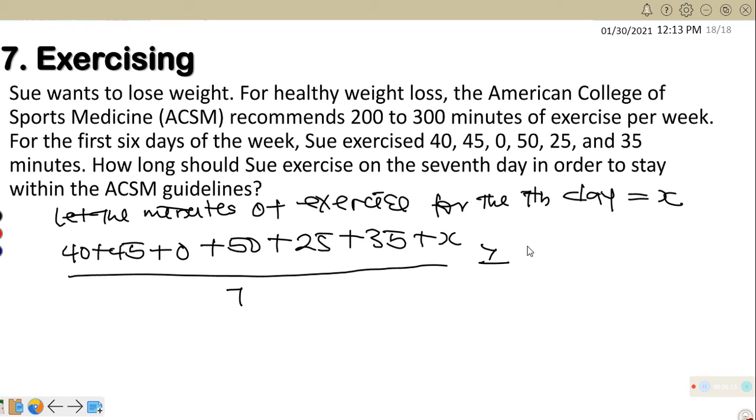So adding everything together, we have (195 + X)/7 greater than or equal to 200.